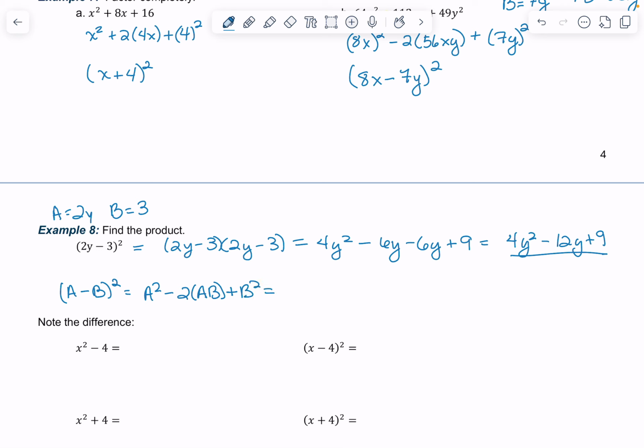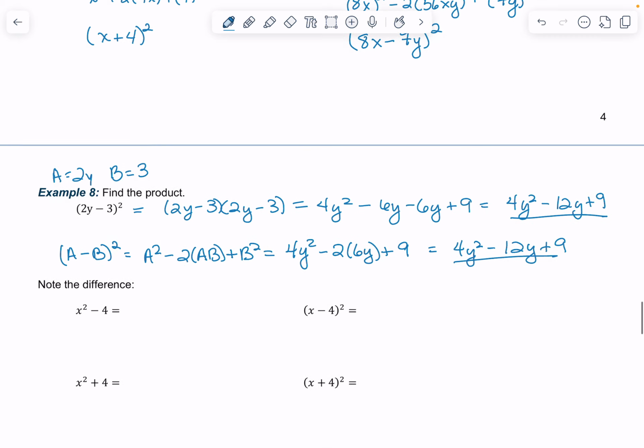If you memorize the rule, that's fine. I prefer FOIL, to be honest. So I have 4y squared, that's my a squared, minus 2 times 6y, that's going to be my 12y over there, and then plus 3 squared, which is 9. So I'm going to get 4y squared minus 12y plus 9. I get the same answer either way.